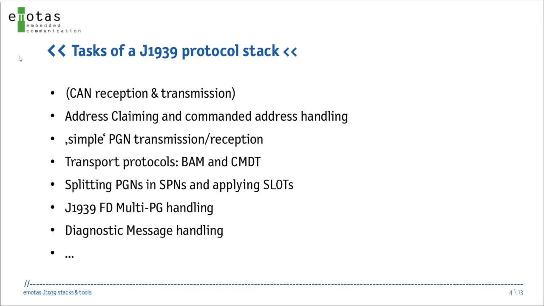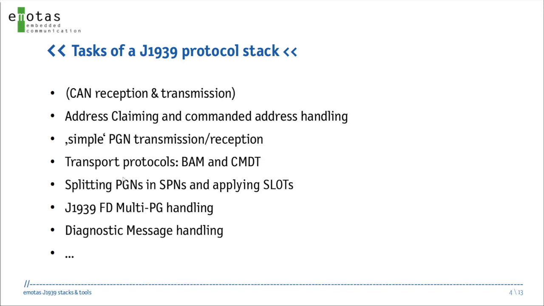Well, if you look at the J1939 services, of course, any J1939 stack shall support address claiming and commanded address handling. And of course, it shall support reception and transmission of simple 8-byte PGNs, but also all transport protocols like broadcast announcement messages and CMDT.